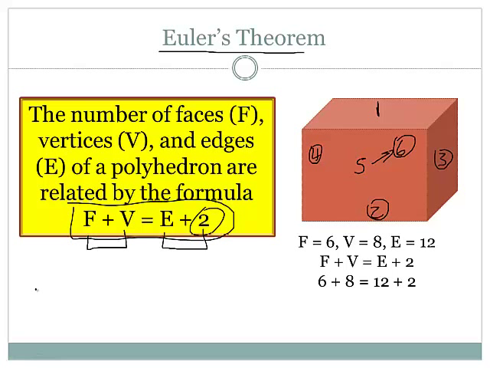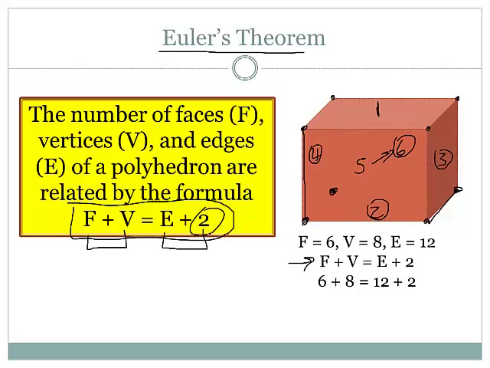Okay, vertices, we have 1, 2, 3, 4, 5, 6, 7, and then you have to imagine the one back here, 8. That's if you drew the imaginary part here to make the third dimension.